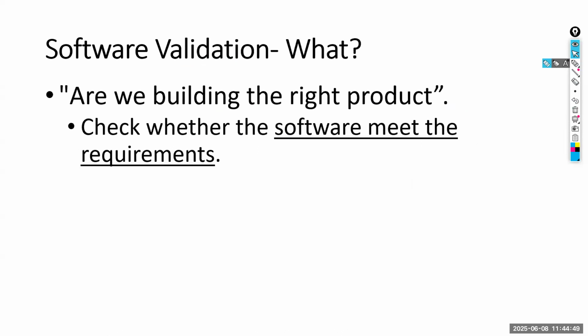Right. So validation is checking whether we are building the right product. Earlier, are we building the product right? Now, are we building the right product? So you need to validate, test, and double check, because we may make mistakes, we may miss certain things.